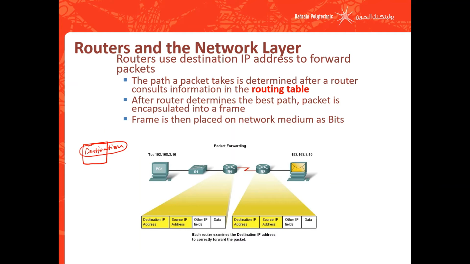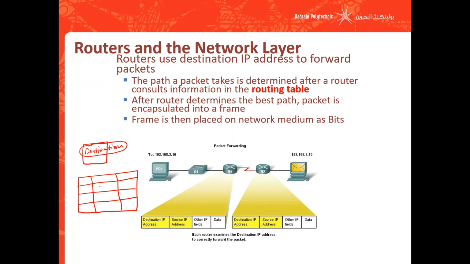But why does it look at the destination IP? A router has something called the routing table, and it keeps track of all the networks that it knows of, or that it can connect to.